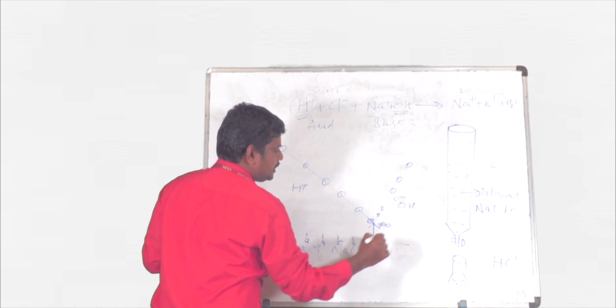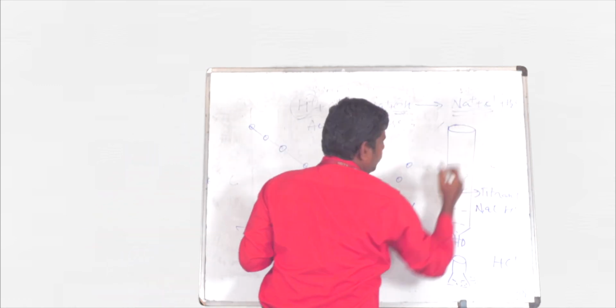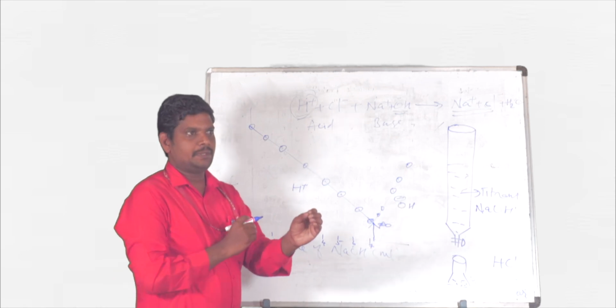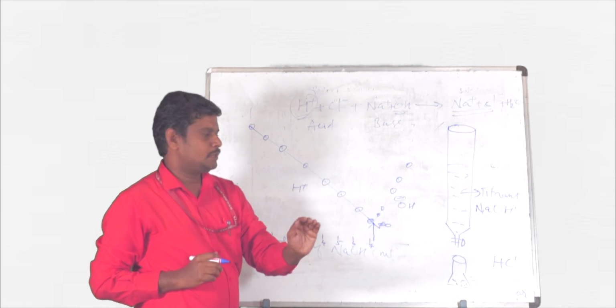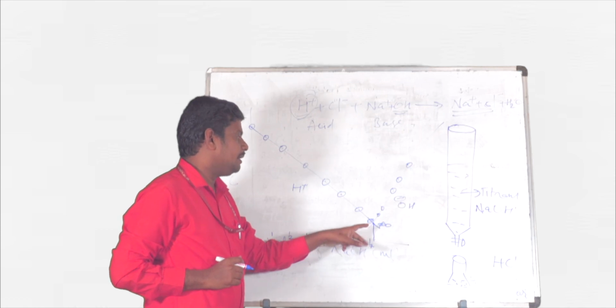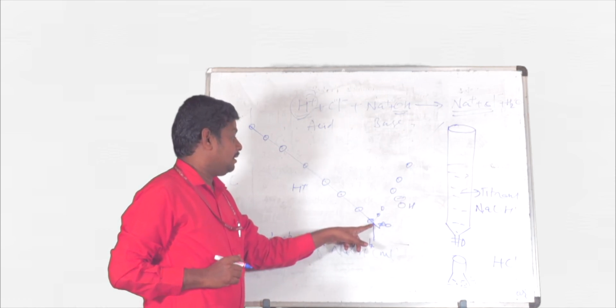Even at this neutralization point, the conductance is not zero, because in the solution we have sodium and chloride ions. These ions will move in the electrolyte, but since the mobility is very slow, the current value we are obtaining is low.